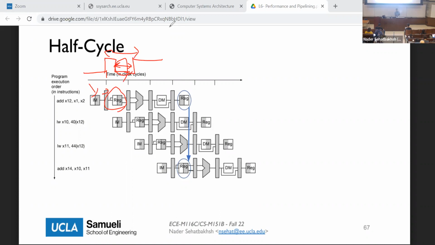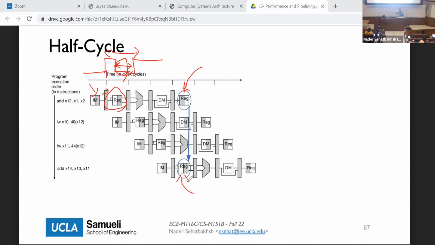And the reason for that is that if we always say that write happens in the first half cycle and read happens in the second half cycle, then we can safely write and read in the same cycle. The writing part will happen in the first half cycle. The reading part will happen in the second half cycle.